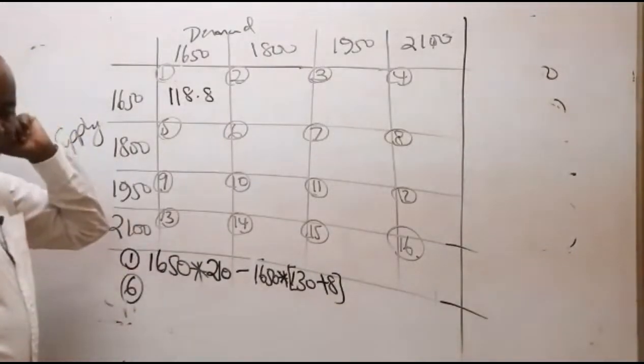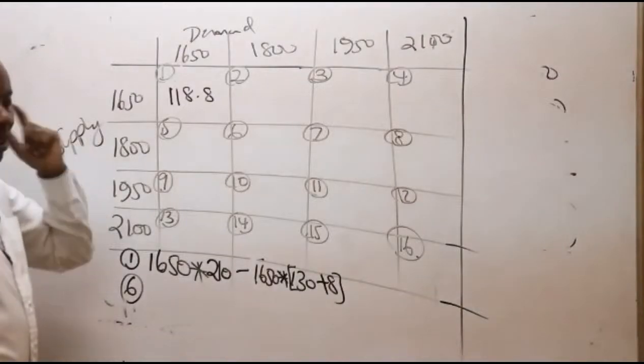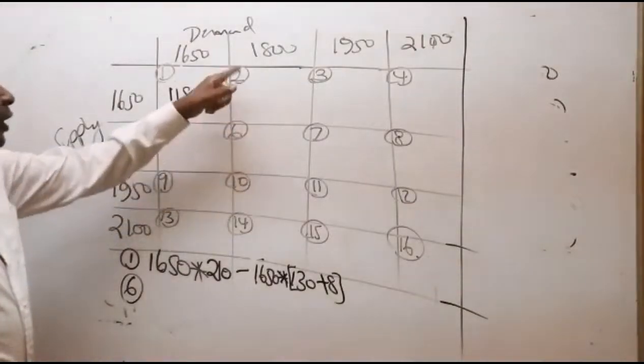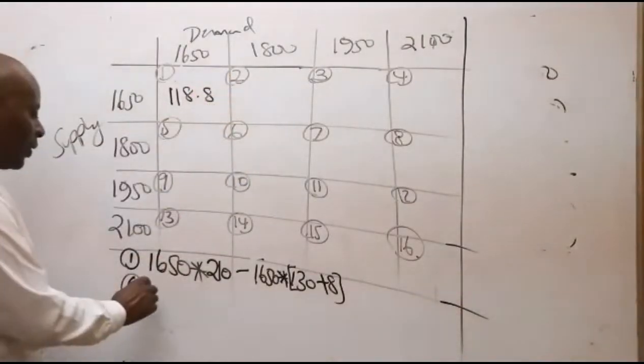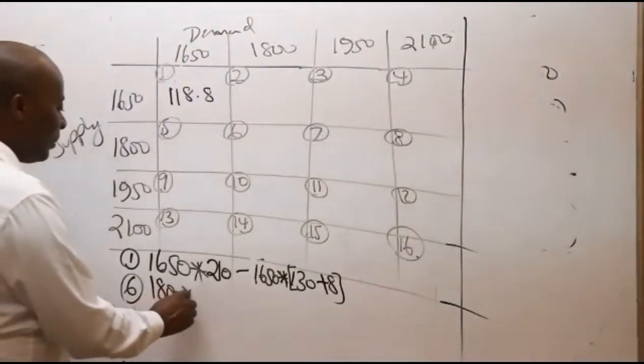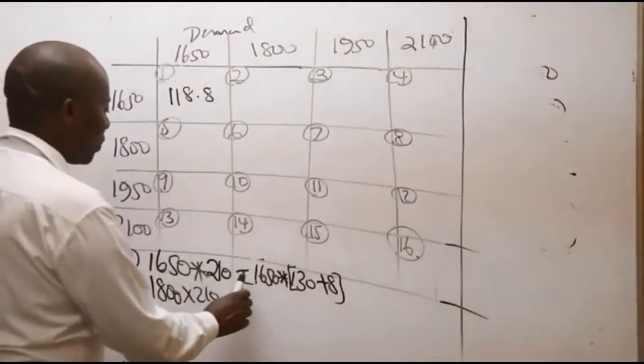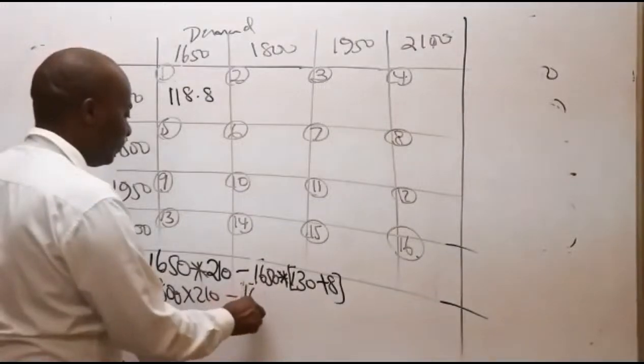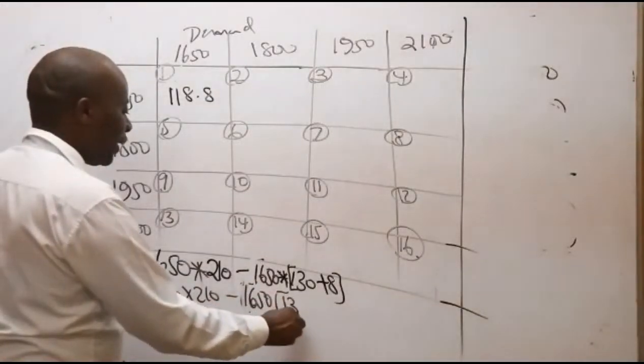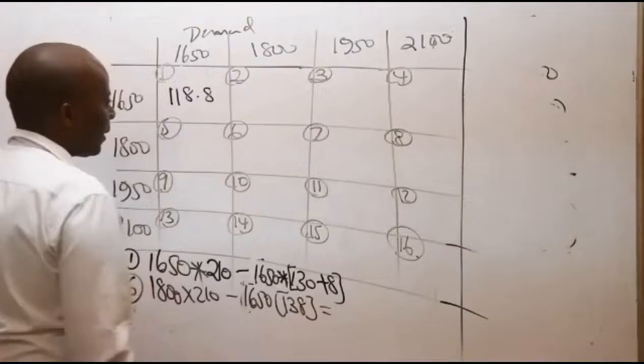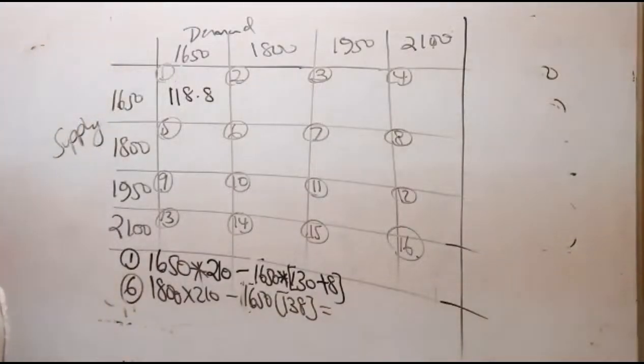Number 6, I can see it's 1800 vis-a-vis 1800. So here I'll have 1800 times 210 minus 1650 into 138. Can somebody give me these perfect matches? Number 6, what do we have there, somebody? So that I can get them out of my way. I would want to keep them out of my way.